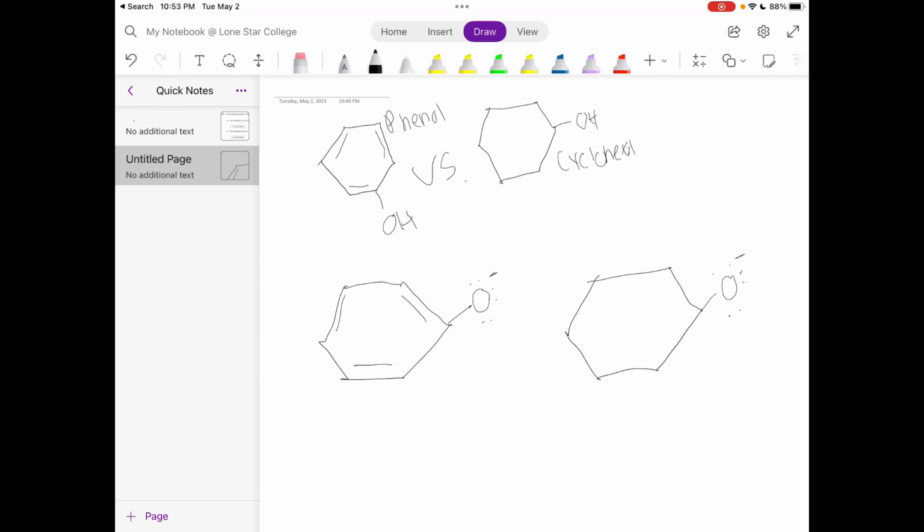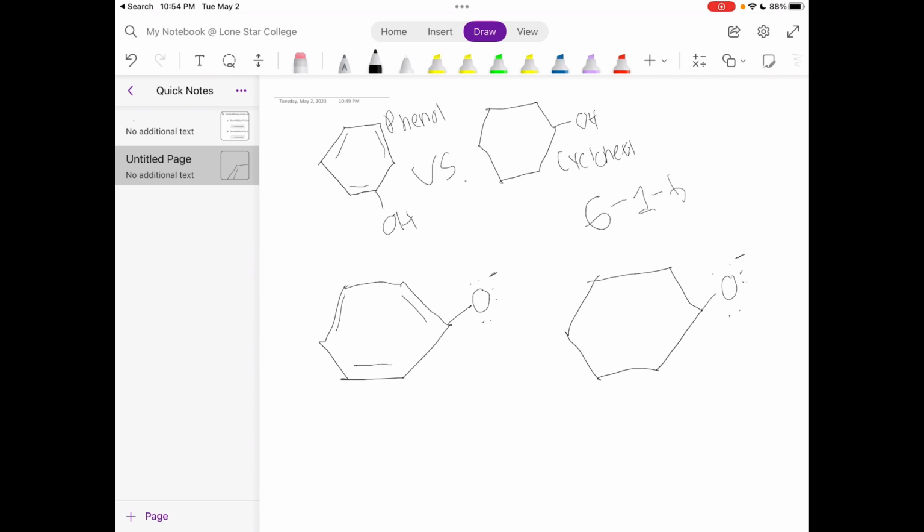So the reason why it's negative is the formula is valence electrons minus bonds minus dots. So oxygen has 6 valence electrons and 1 bond and 6 dots.